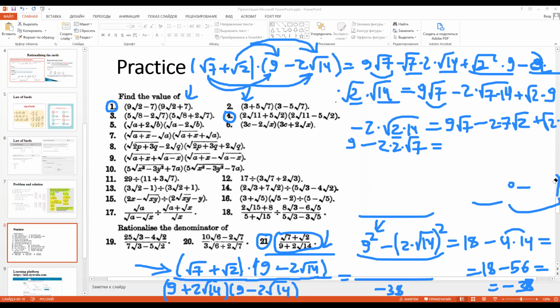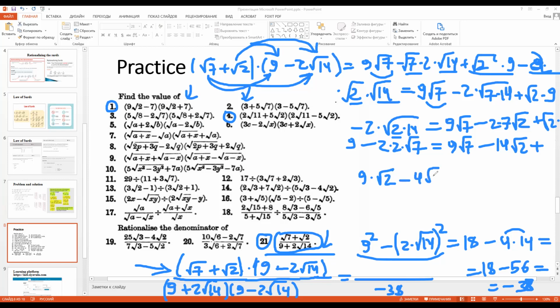Now I'm going to erase them because we don't need them anymore. After that, you have this expression: 9 square root of 7 minus 14, and repeating this one, 14 square root of 2 plus here square root of 2 multiplied by 9, so 9 square root of 2, here minus 4 square root of 7.